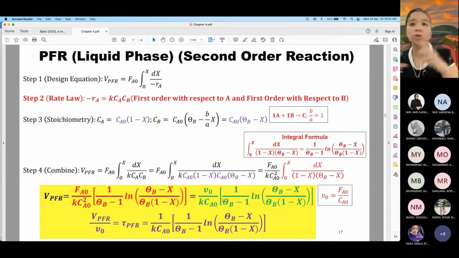The version I taught you to use earlier is the second version: volume equals initial volumetric flow rate, KCA naught, the big bracket.